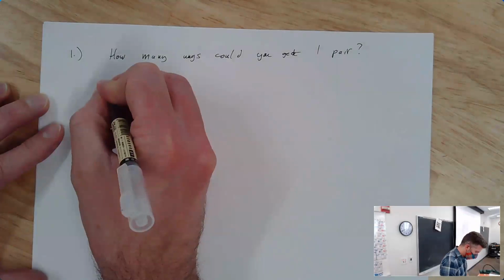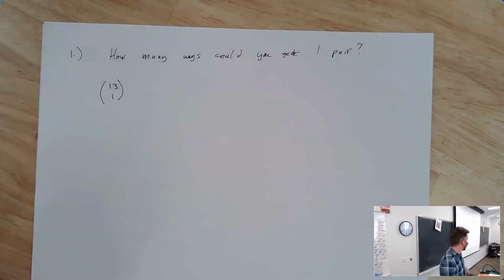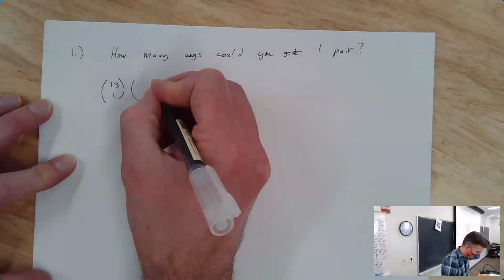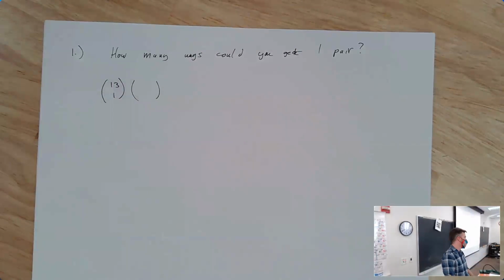So there are 13 choose 1 choices for what rank I'm going to have. Pair of aces or pair of 8s? Well, let's say it was 8s. How many different ways could I have 2 8s in my hand? Well, there's 4 different 8s to pick from.